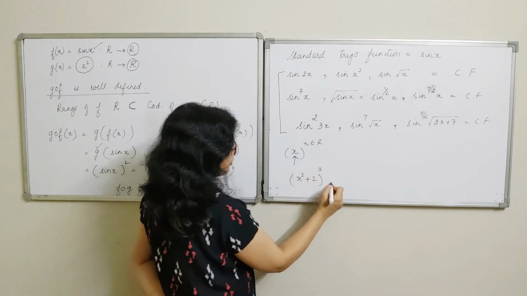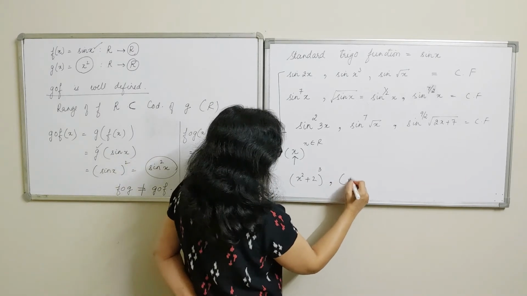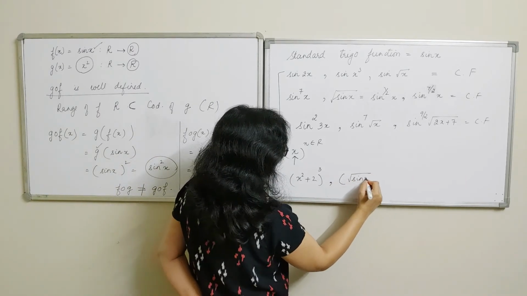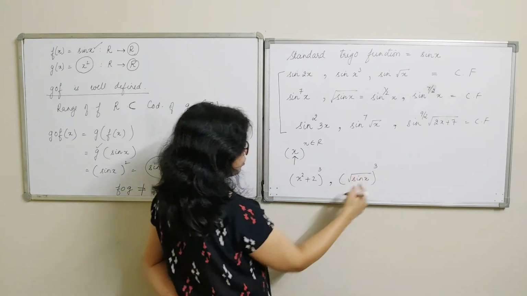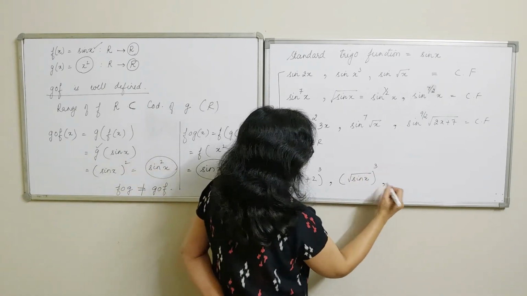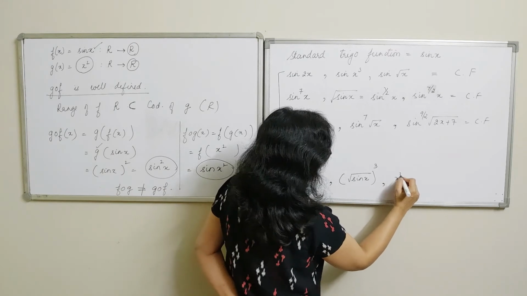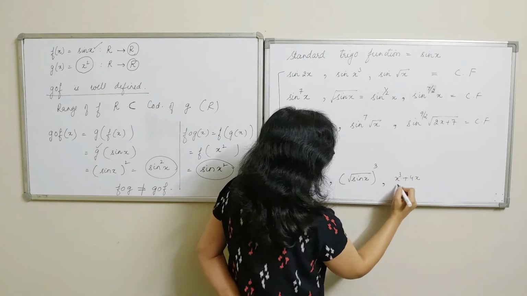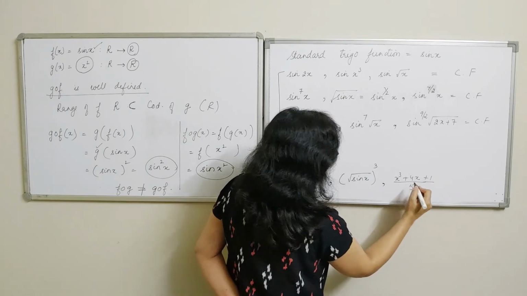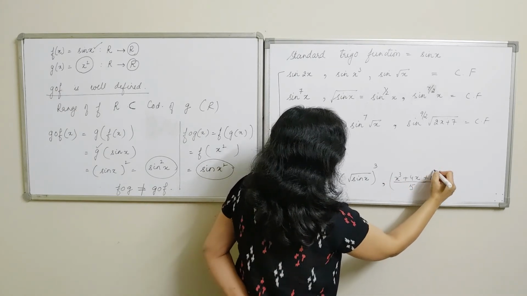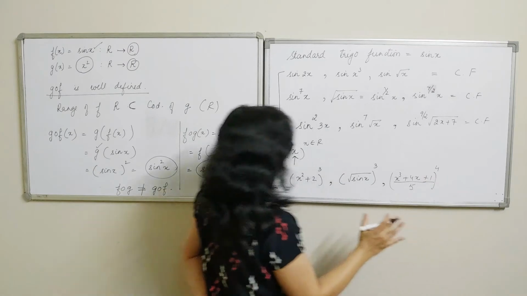This is a composite function. Change the power, the base is this and the power is 3, so this is a composite function. Again you can change the base to x cube plus 4x plus 1 upon 5, and this is raised to power 4. This is a composite function.